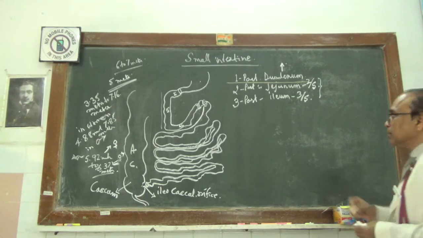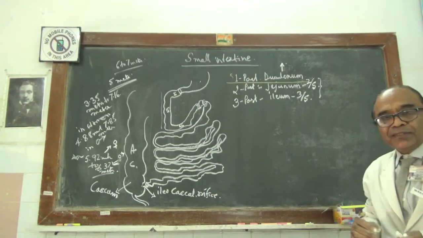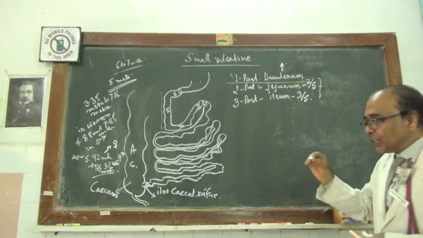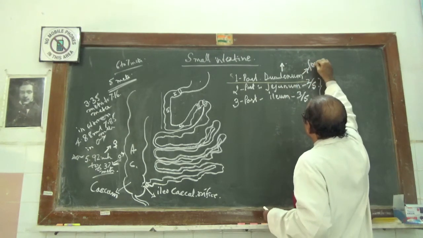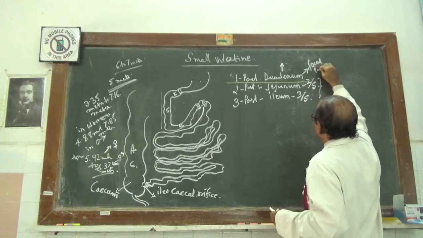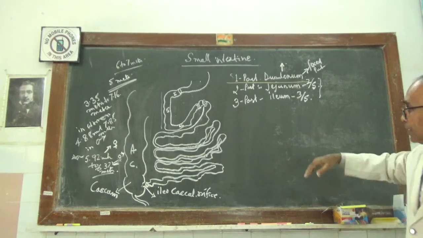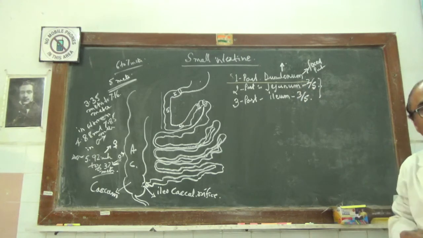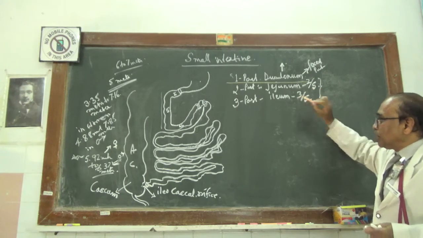And more than that, the first part of the small intestine is almost a fixed part. It doesn't have the mobility of the other two portions of the small intestine, namely the jejunum and ileum.